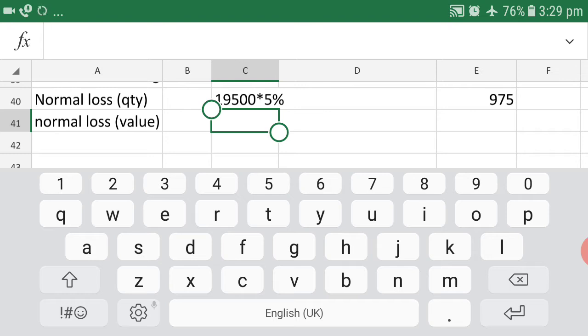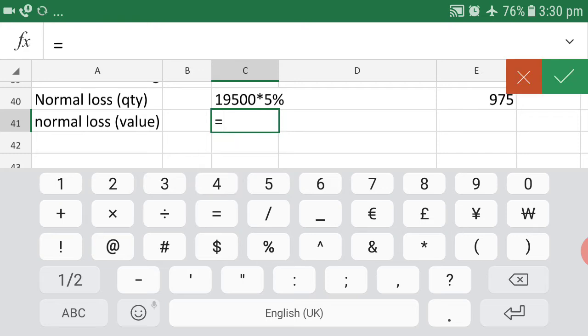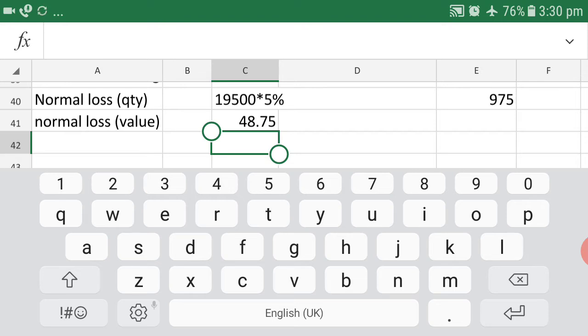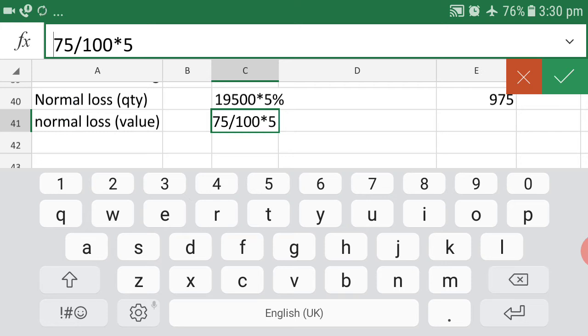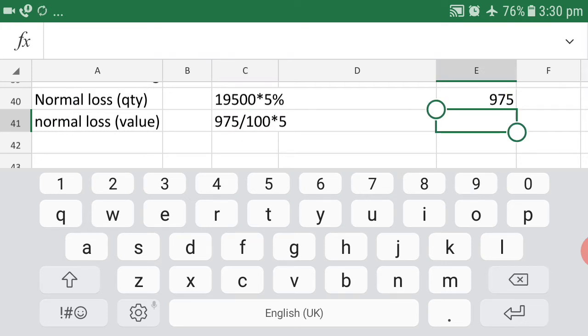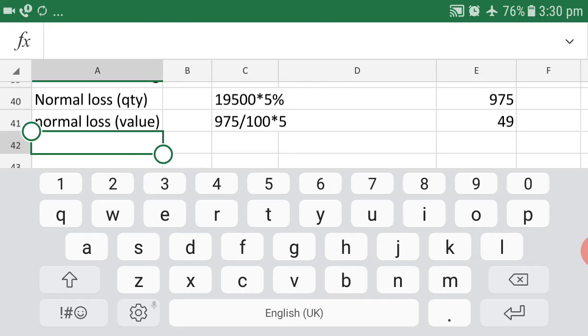Now, here we need to calculate for 975 units. So I will calculate 975 divided by 100 into 5, which is 49 rupees. So we got normal loss in quantity and normal loss in value here.